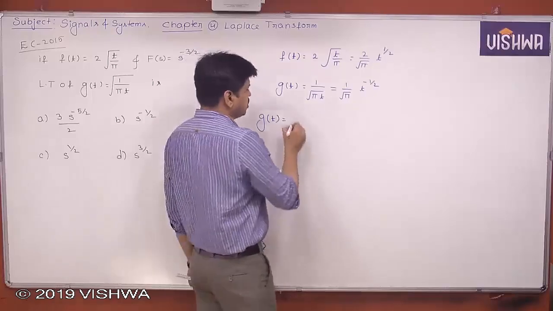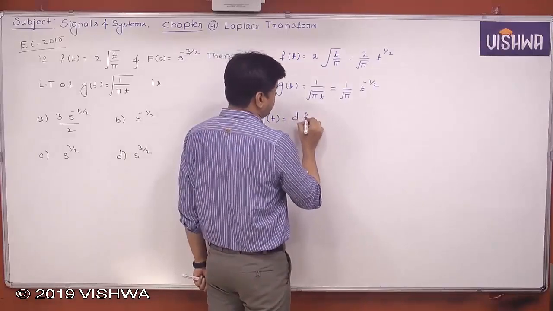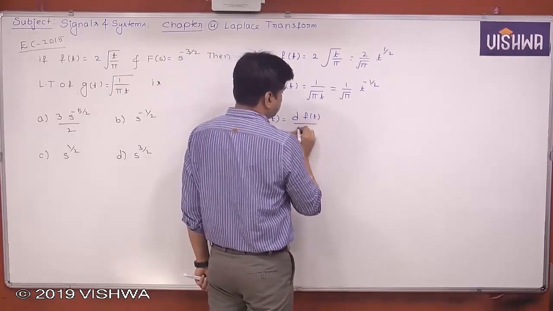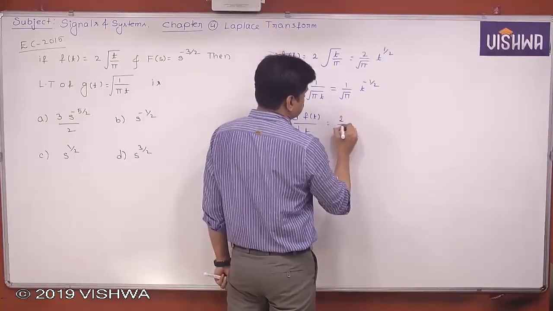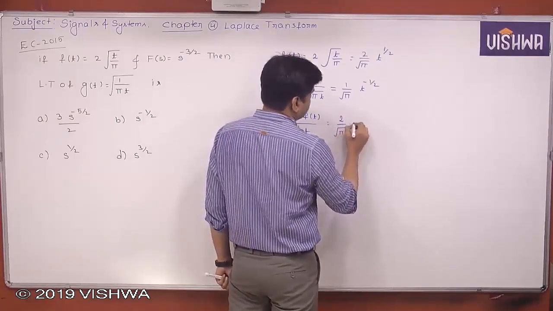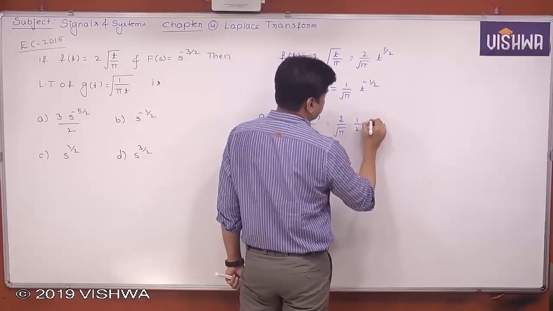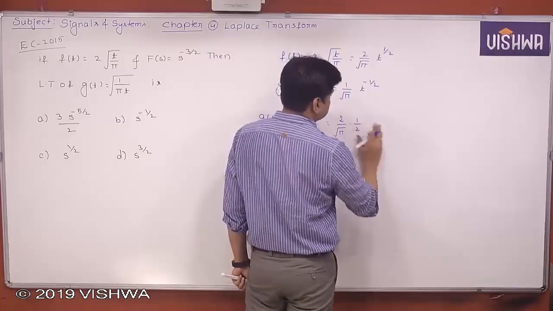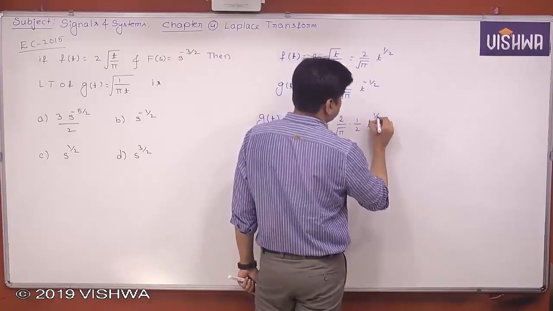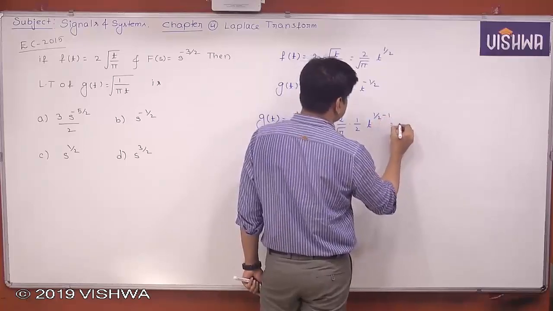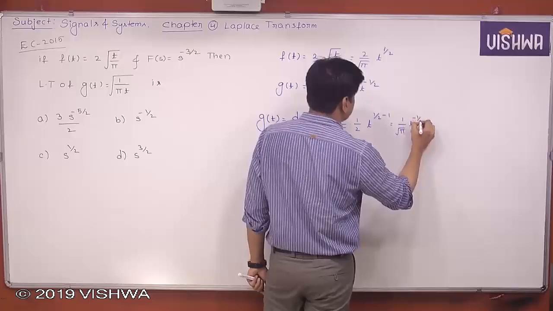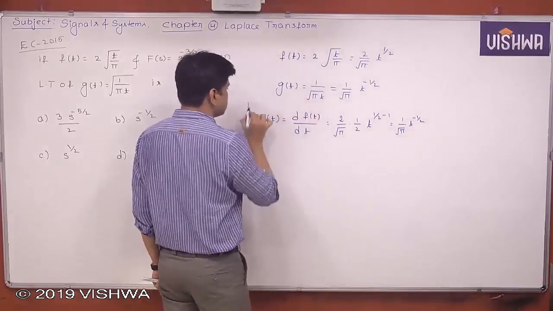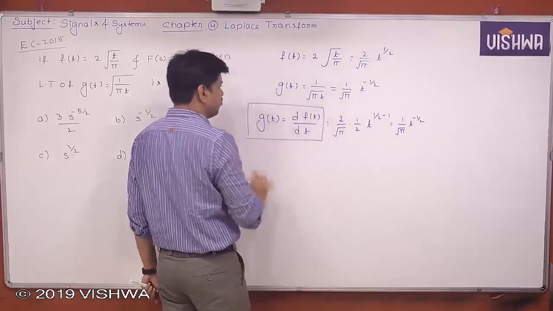See, differentiation of f of t by dt, that is 2 by root pi, 1 by 2, t power 1 by 2 minus 1. So that is nothing but 1 by root pi t power minus 1 by 2. Yes, this relation is valid.